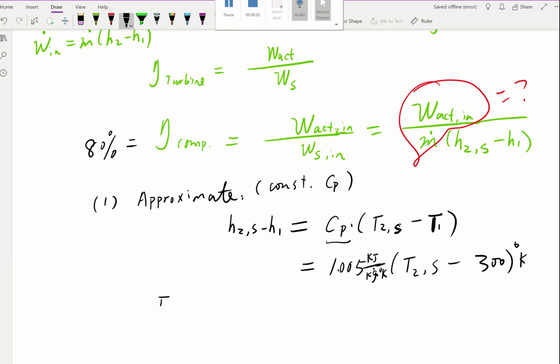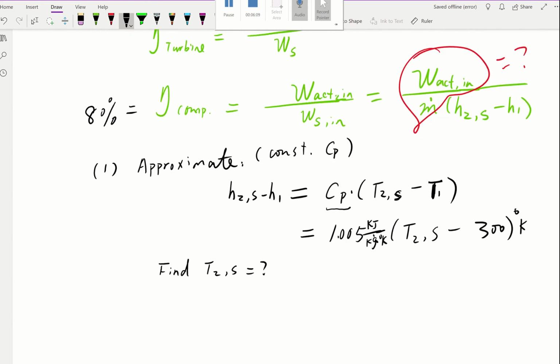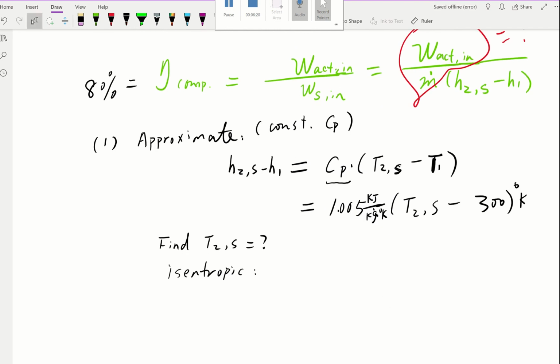So how do we find T2s? We know this is going to be an isentropic process because this is the ideal situation. If it's an isentropic process, you recall there are a couple of formulas we had before. The first one is T2 over T1 equal to (V1 over V2) to the exponent K, right?